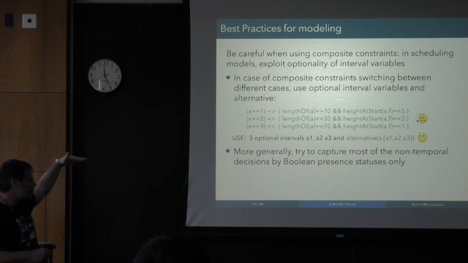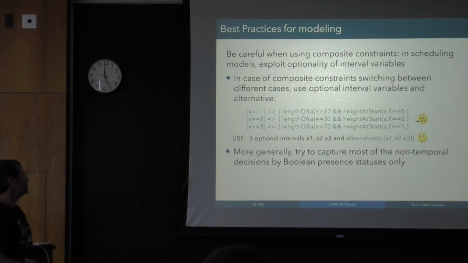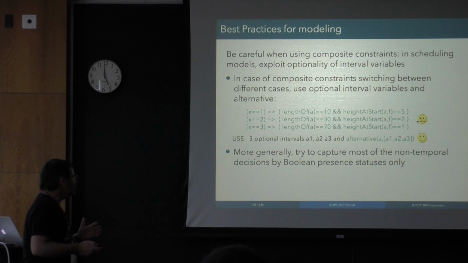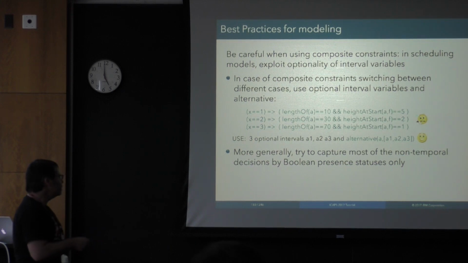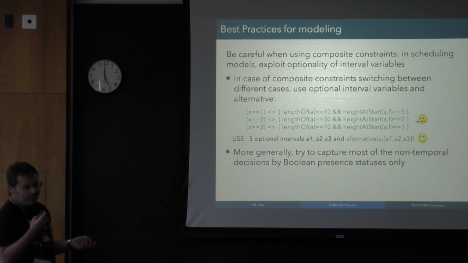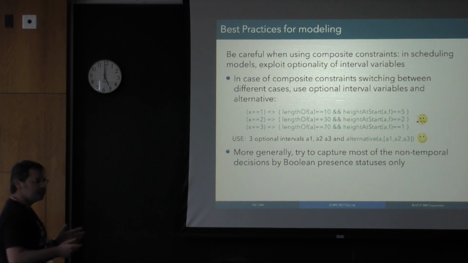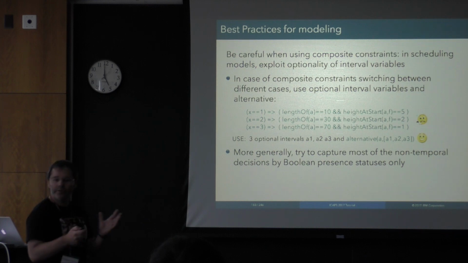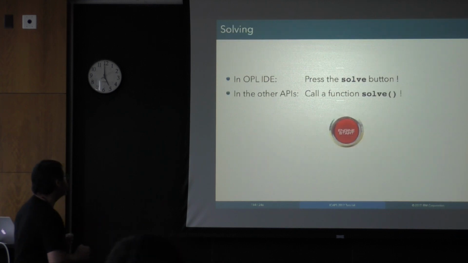You should create optional interval variables, 1 for each case, and then post an alternative constraint. So one general advice illustrated here is that it's very good to capture, if possible, and it's not always possible, all the non-temporal decisions by Boolean constraints on the Boolean presence of interval variables.